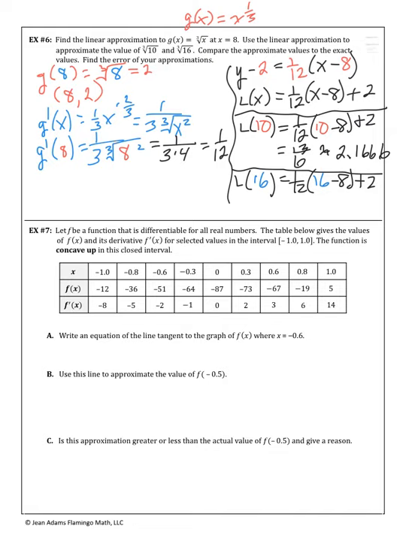So 16 minus 8 is 8 over 12, which gives us 2/3, plus 2, so it's 2 2/3, so that's 8/3. So that equals 8/3, which is approximately equal to 2.666. Oh, isn't that interesting?